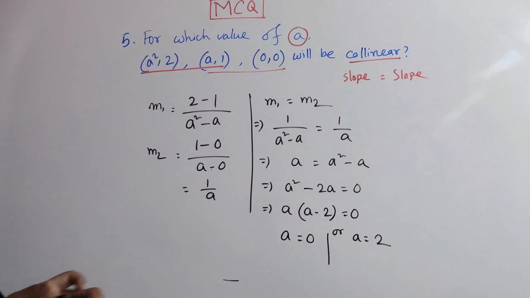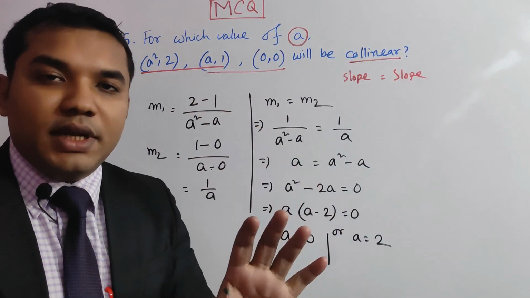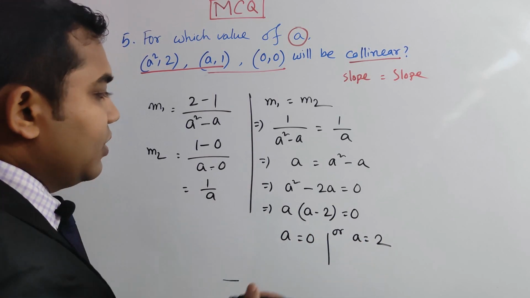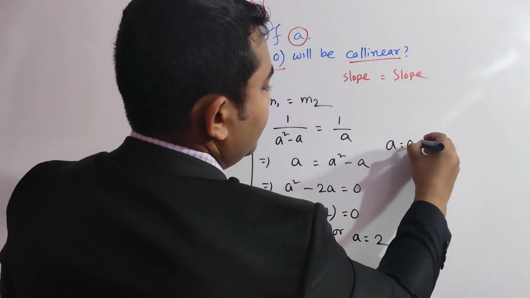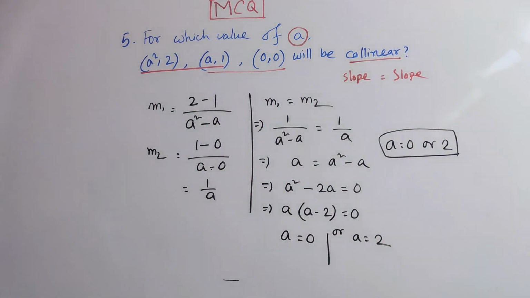So for which value of a these are collinear, if the question is like this, then the value should be a equals 0 or 2. So that's the answer of it. Clear? Okay.